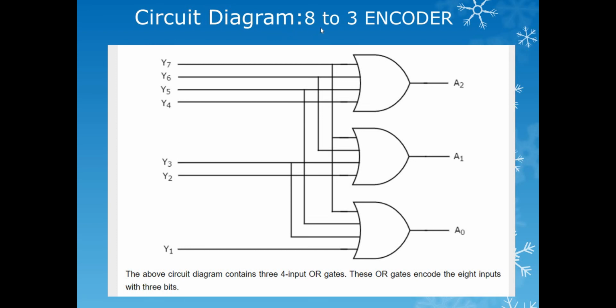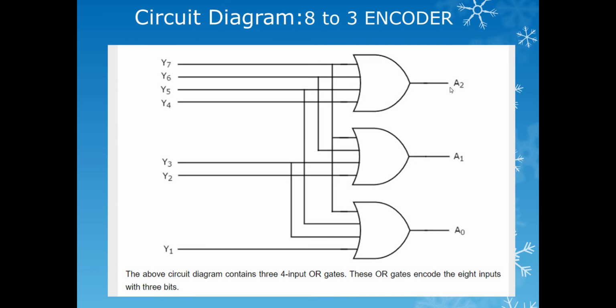Next we will see the circuit diagram for 8 to 3 encoder. The above diagram consists of 4 input OR gates. That is, we have 3 OR gates. Each OR gate consists of 4 input lines. These OR gates encode the 8 inputs into 3 output lines, that is A2, A1, A0.